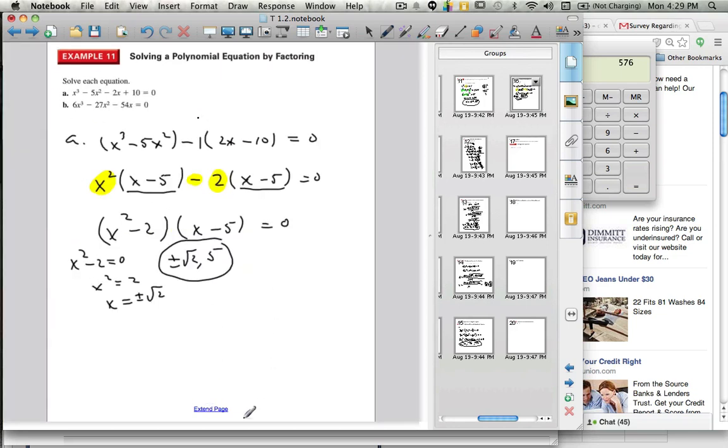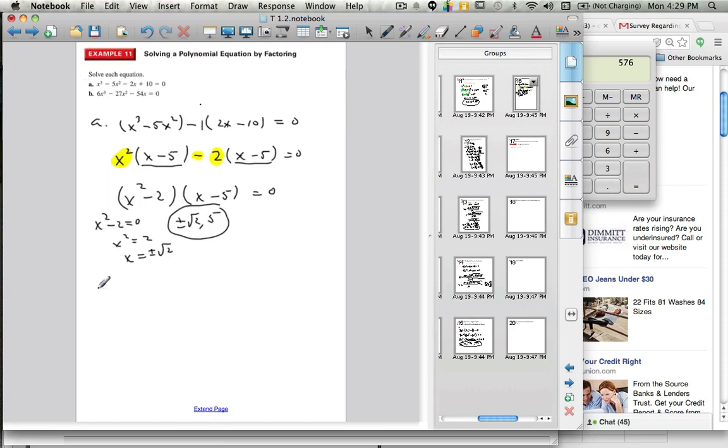When you look at the B equation, it's a little different. So I have 6x cubed minus 27x squared minus 54x is equal to 0. I can factor an x out of all of this, and I could also factor a 3 out of all of this.